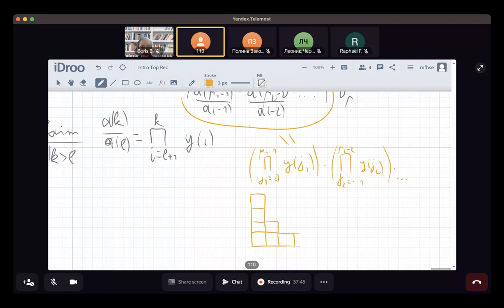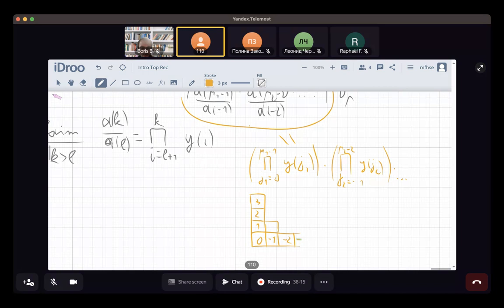Oh sorry, it's 1. Then 1, 2, 3. Here it's minus 1, minus 2, minus 3. Here it's again 0, and here is 1. Here I have written contents inside.